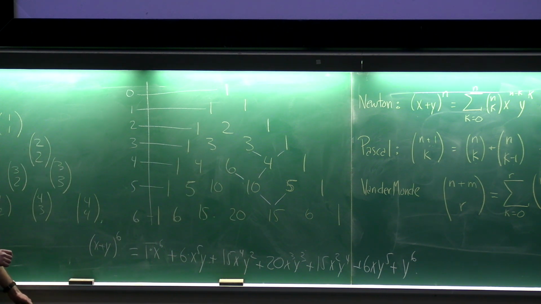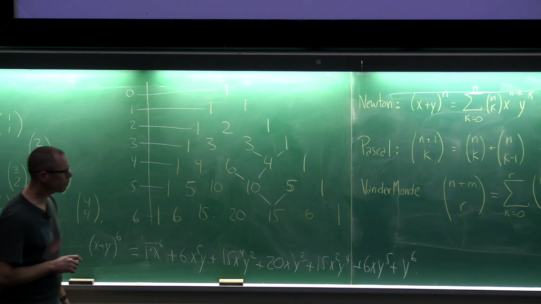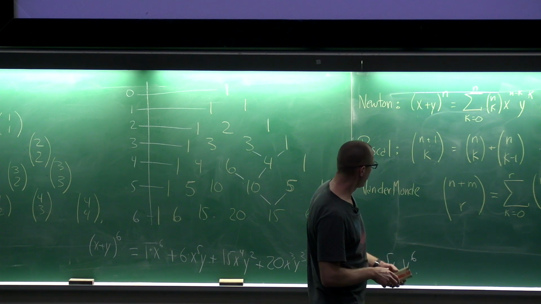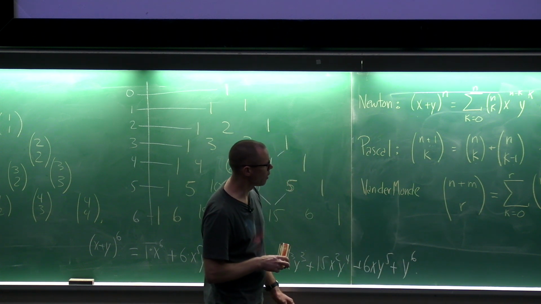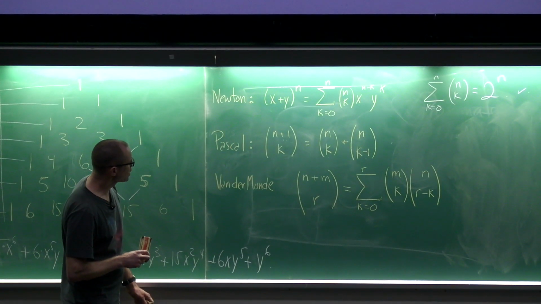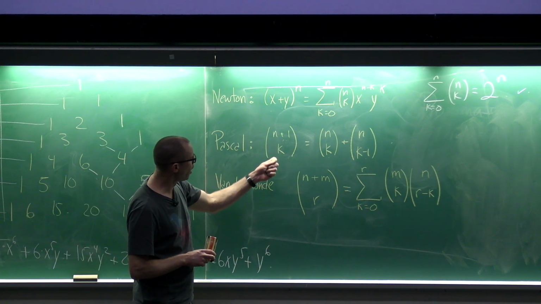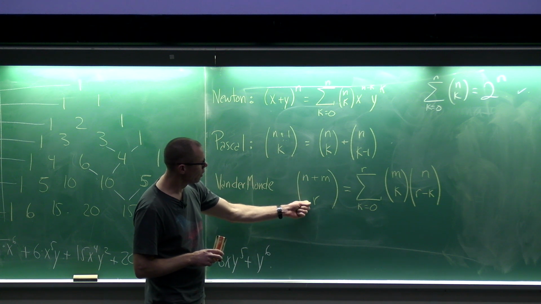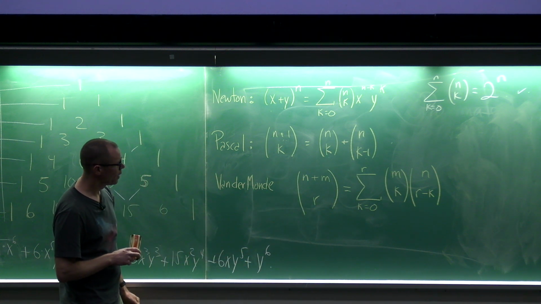And there's a generalization of that that is Vandermonde's theorem. So Pascal looks at n plus 1 choose k. Vandermonde looks at n plus m choose r.